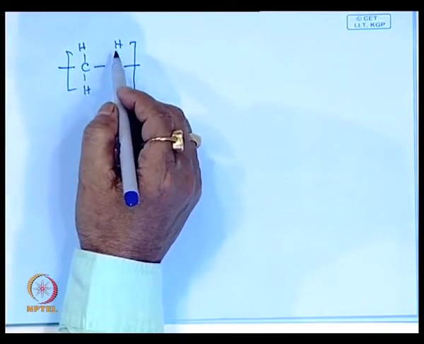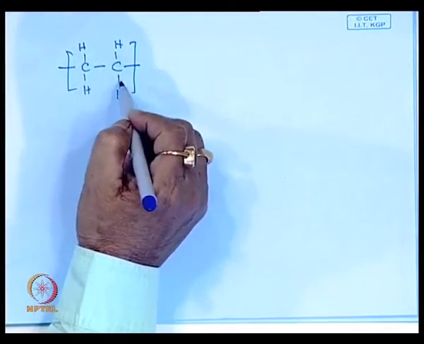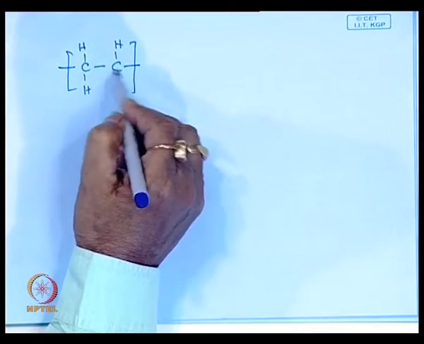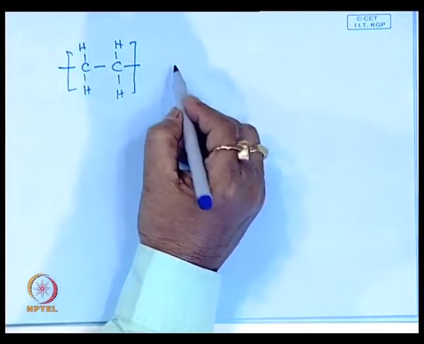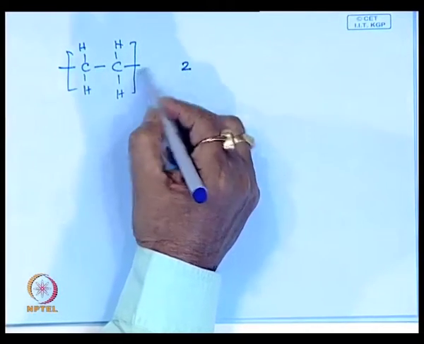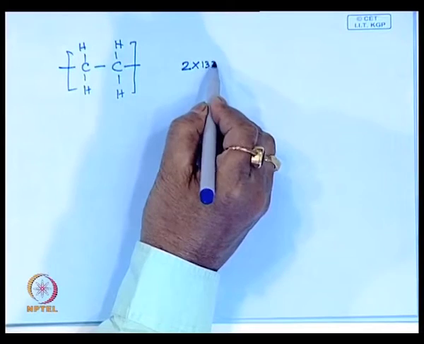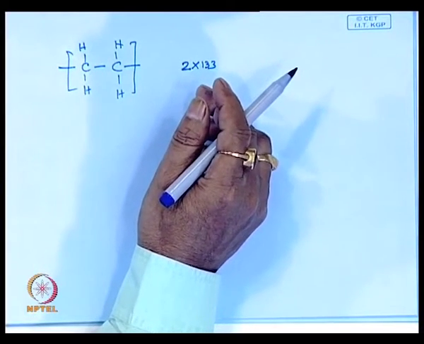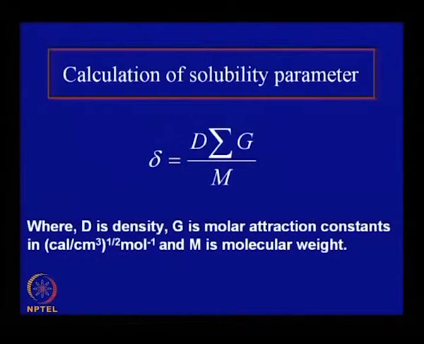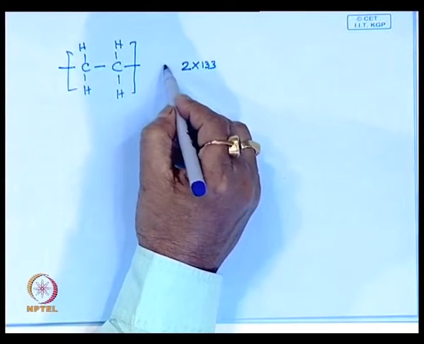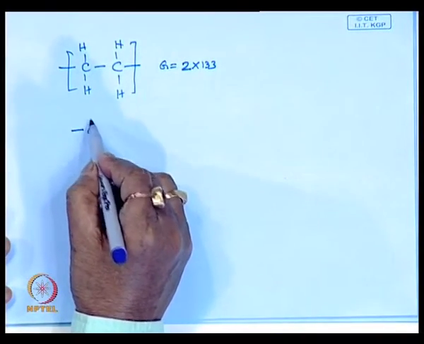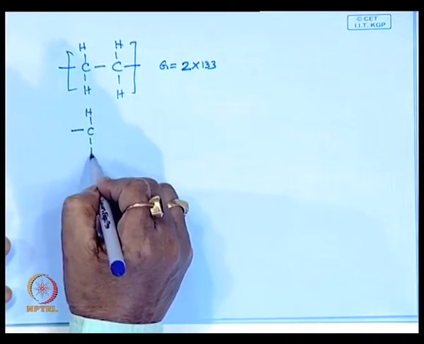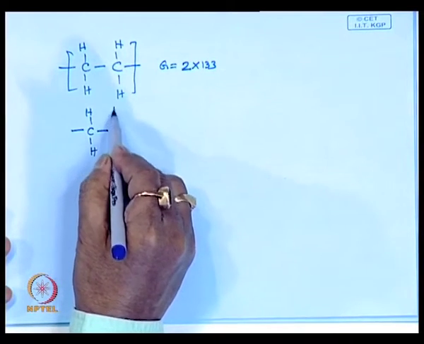So, the contribution due to this CH2 group is there. Here in this polymer, per repeat unit there are 2 CH2 groups. So, you can have the total value for this repeat unit, 2 into 133. In the previous formula you see the sum of G values; here you write G is equal to 2 into 133. You can have a molecule or repeat unit formula like this.